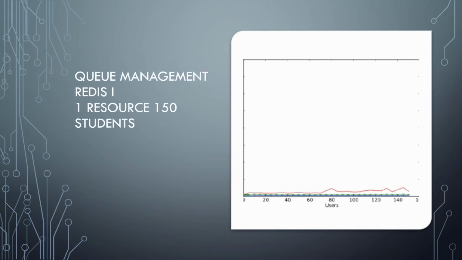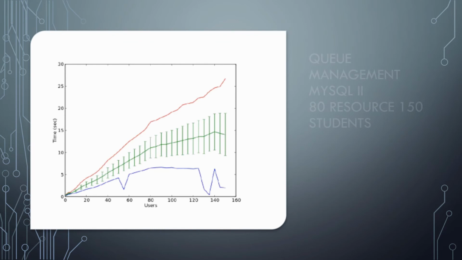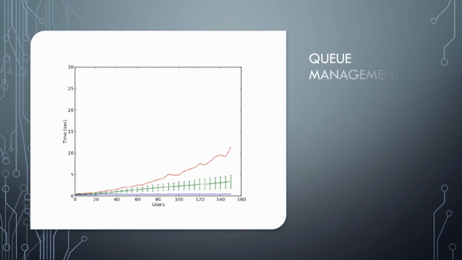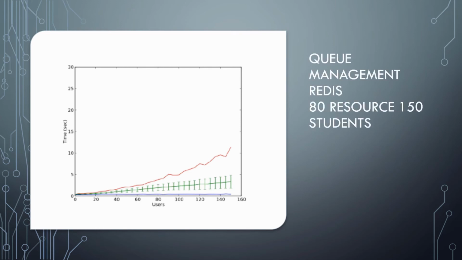Queue management Redis: 1 resource, 150 students. Queue management MySQL: 80 resources, 115 students. Queue management Redis: 80 resources, 150 students.